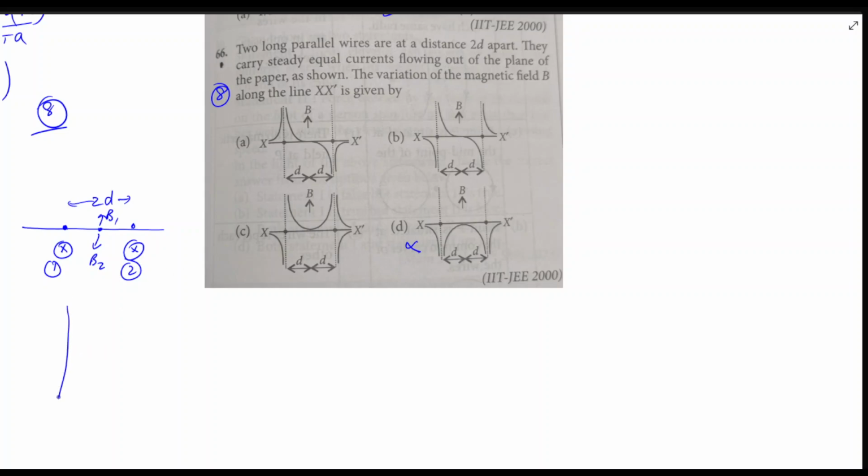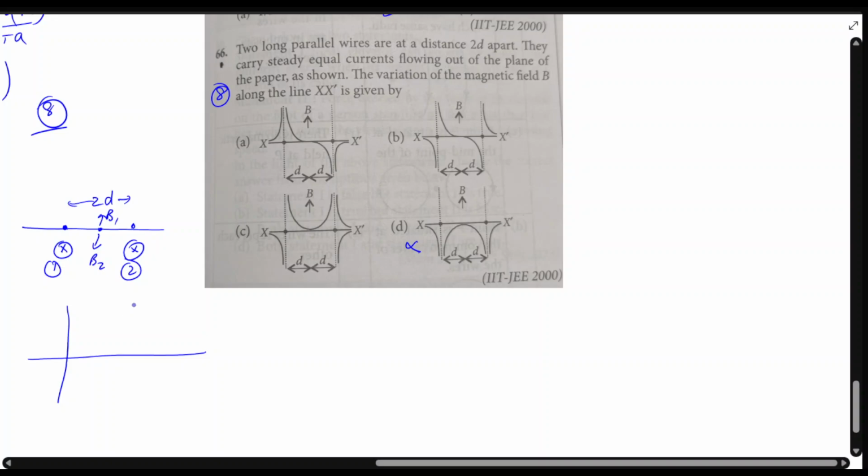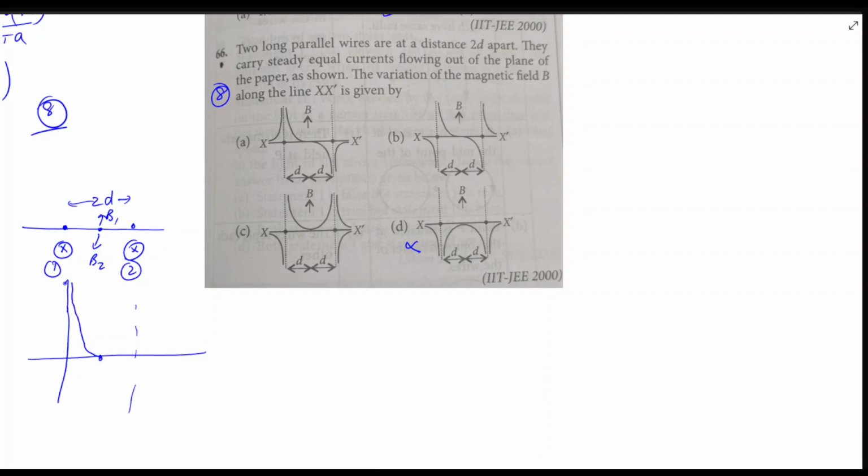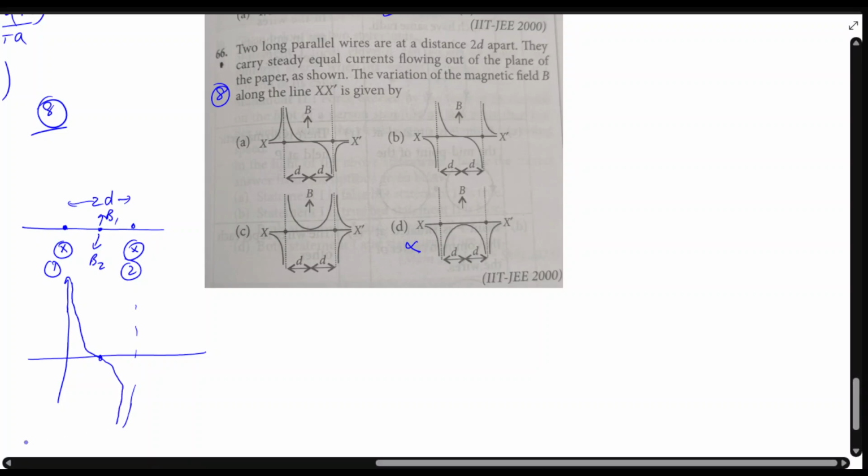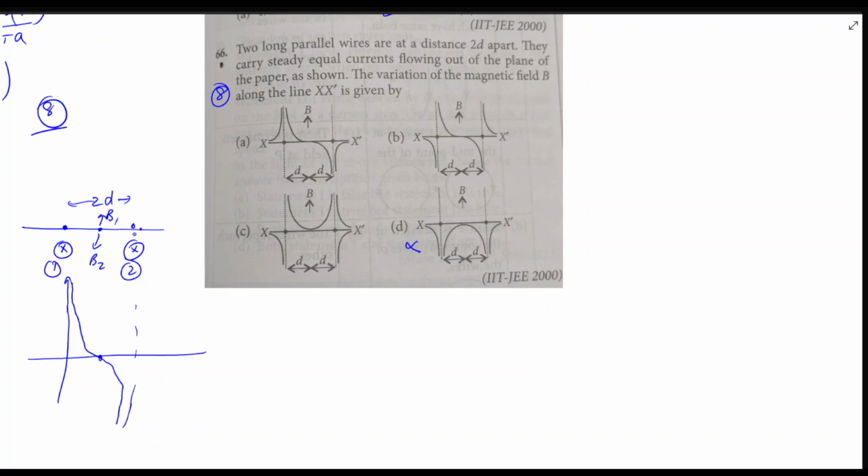So let's make the diagram. So here it is 0, here it is shooting to infinity, and for B2 it will shoot to infinity in the negative direction. So it's like this. Okay, now just here, the magnetic field due to 2 will be upward direction, and it will again shoot to infinity.